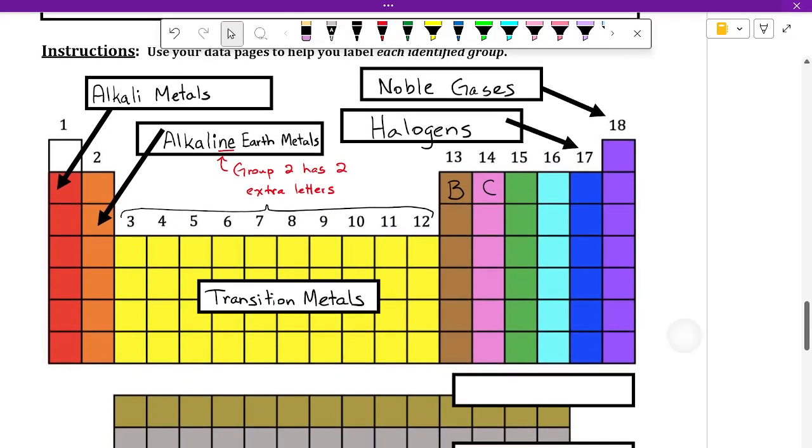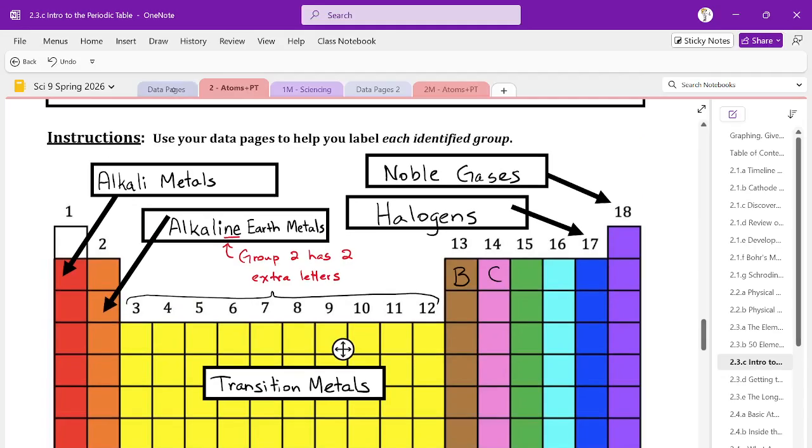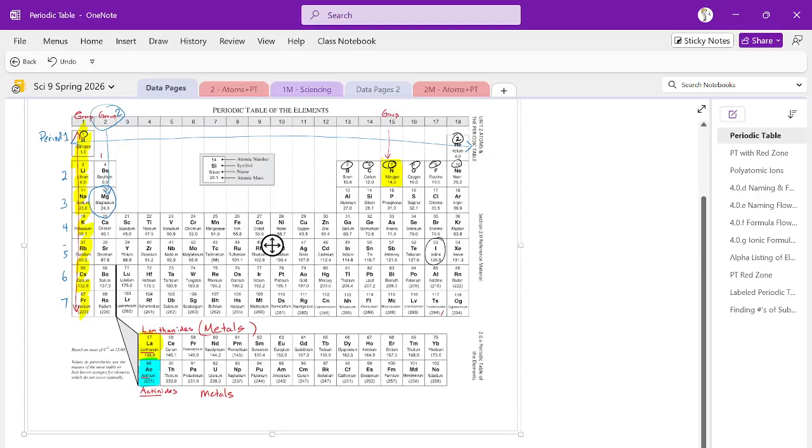Now remember I said I would tell you about these 2 down at the bottom? The top ones, let's actually go to our periodic table for a second, because there's a clue to their name.